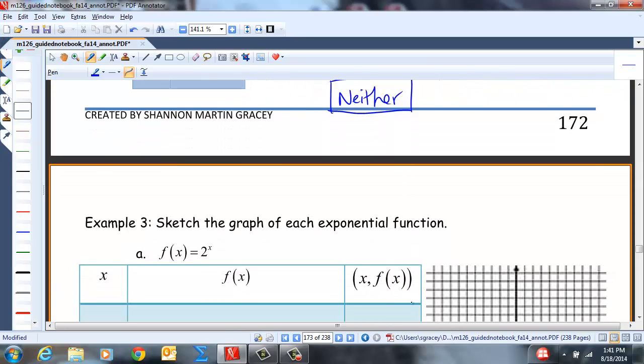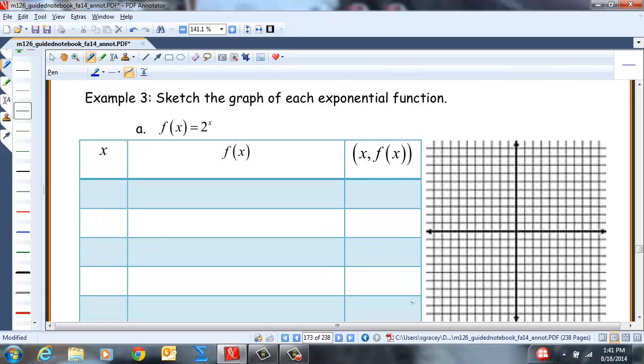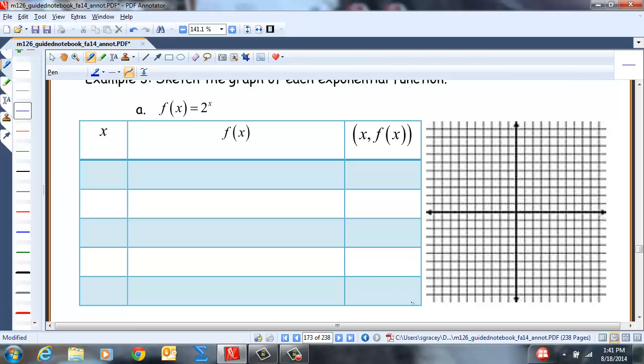All right, so now we get to sketching the graphs. So the first step is 2 to the x. If we get some positive and negative values in here, let's start with the negative. So if we plug in negative 2, negative 1, 0, 1, and 2, that should give us a good feel for it.